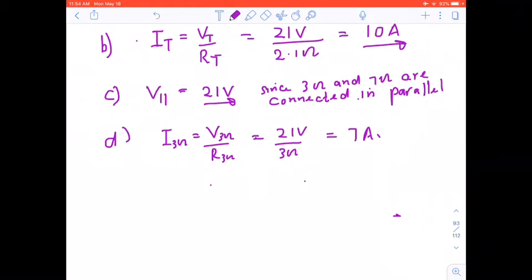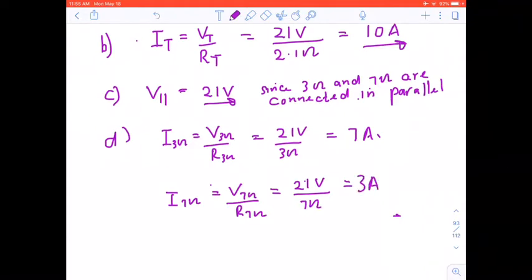We know the other one, the resistance is higher. So I in the 7 ohms is equal to V across the 7 ohms upon the resistance of the 7 ohms, which would mean 21 volts upon 7 ohms, which gives us 3 amps.